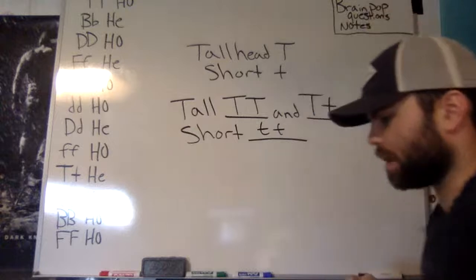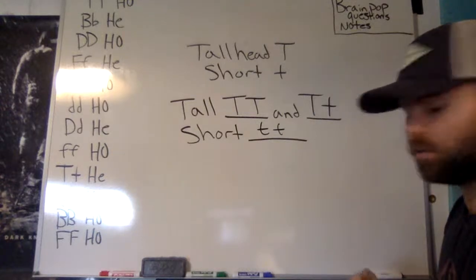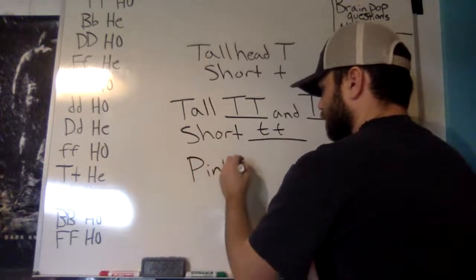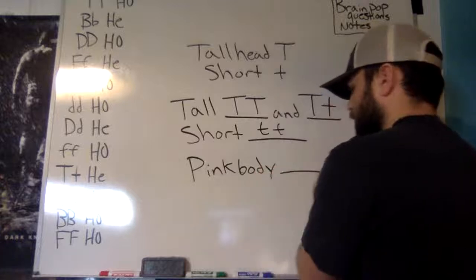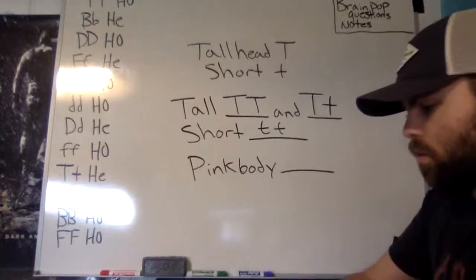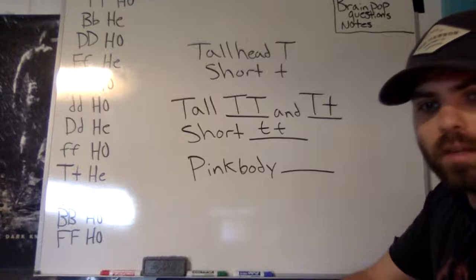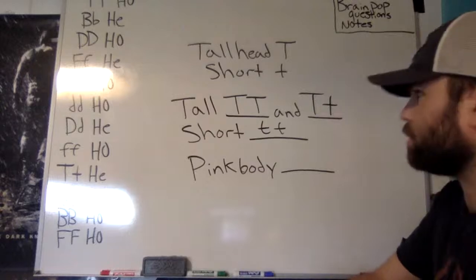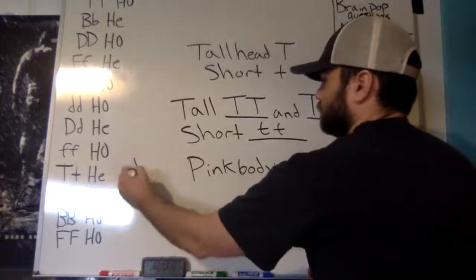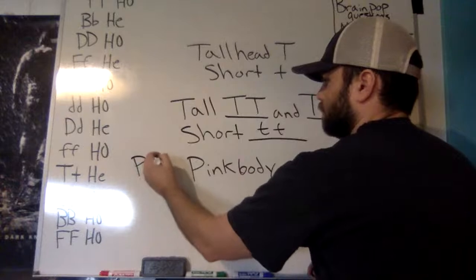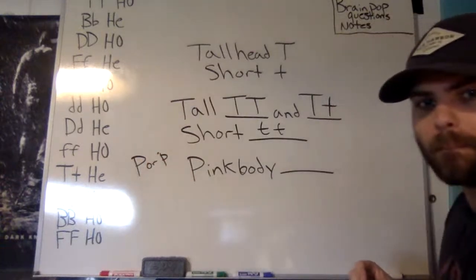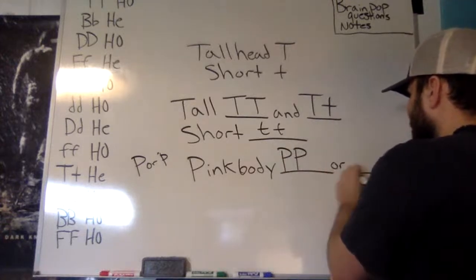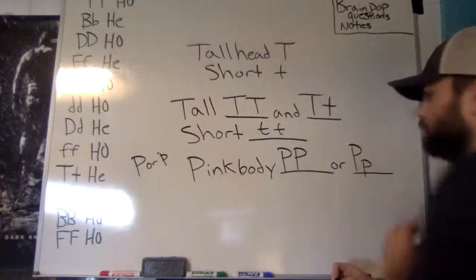All right, so now we're going to go to pink body color. P is dominant to yellow, lowercase p. So if we want a pink body, what type of allele are we going to put? If pink is dominant and we're using P's, big P or little p. So if you want a pink body, it's going to be two capital P's, or capital P, lowercase p.